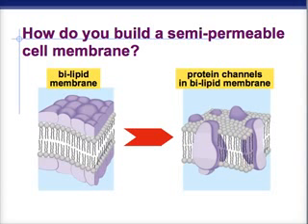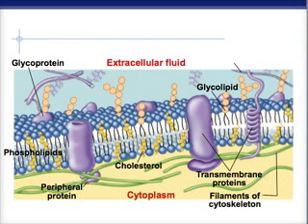These channels are made up of proteins and are embedded into the bilipid membrane. Proteins like both water and lipids. But the membrane is actually a collage of proteins and other molecules embedded in this fluid matrix of the bilipid layer. They are constantly moving, the arrangement of all of these parts.